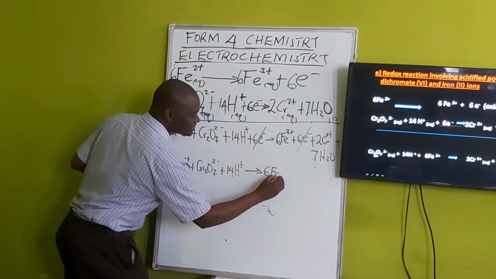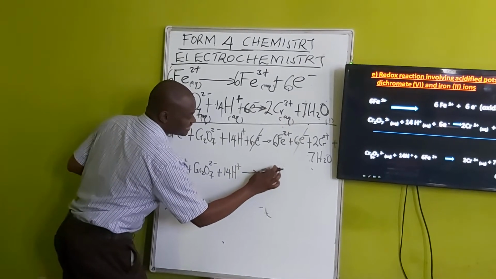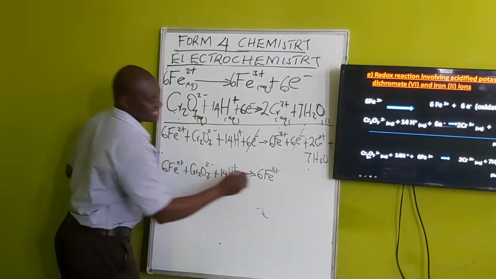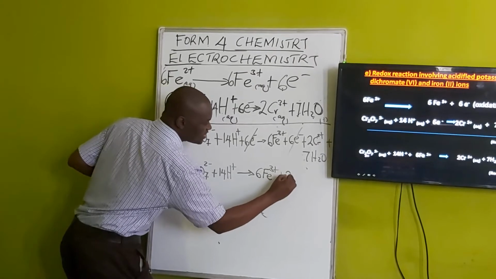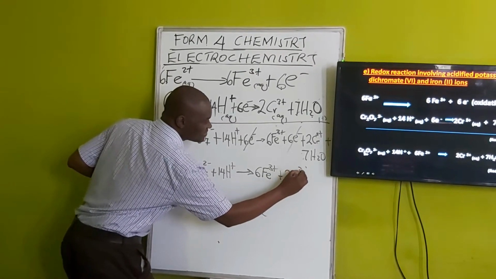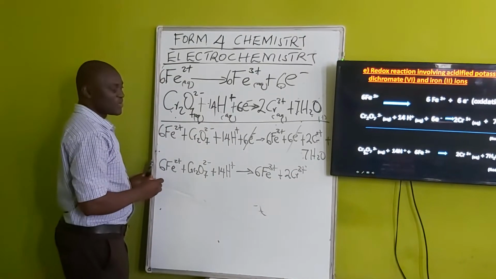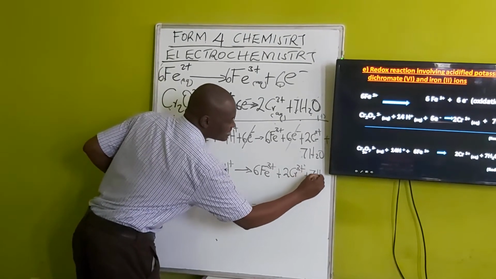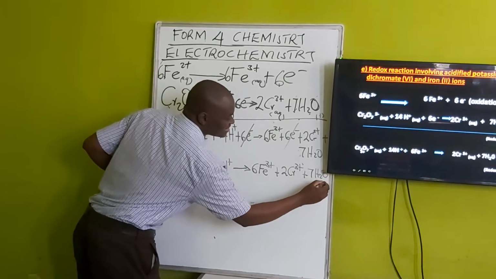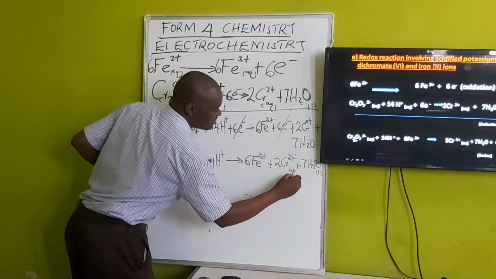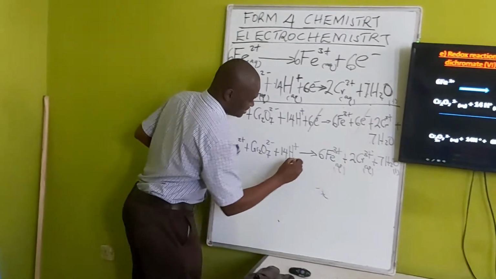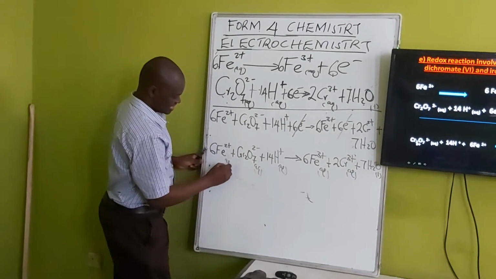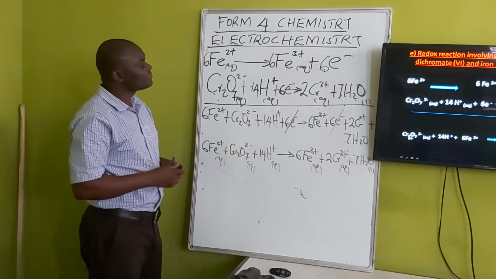Fe2+, not Fe2+, but now it will change to Fe3+ plus 2 chromium 3 ions, and then plus 7 water molecules. 7 water molecules. So these are the state symbols of the reactants and the products.